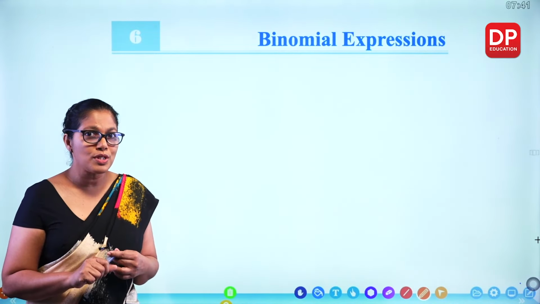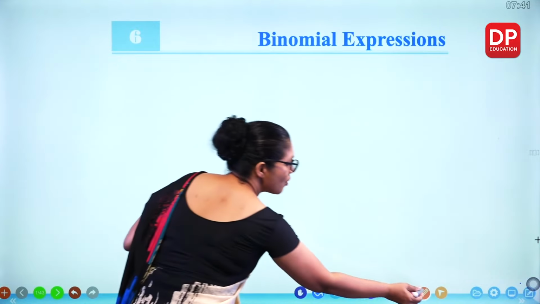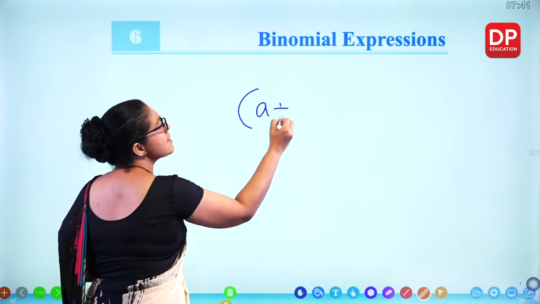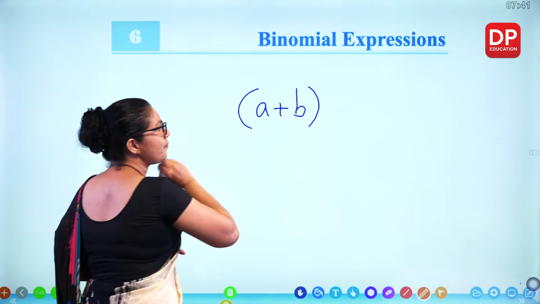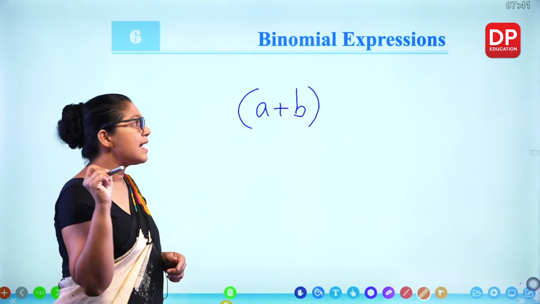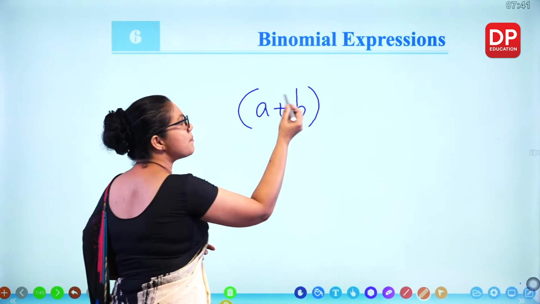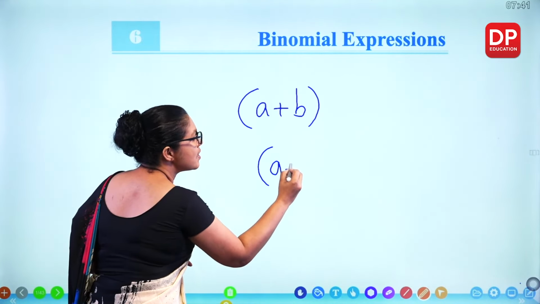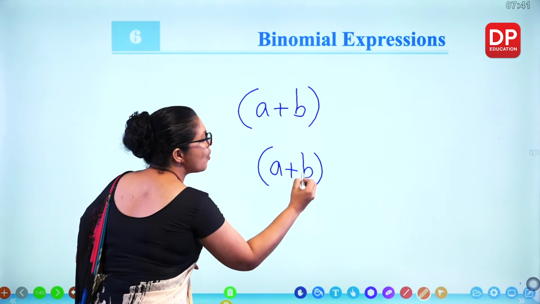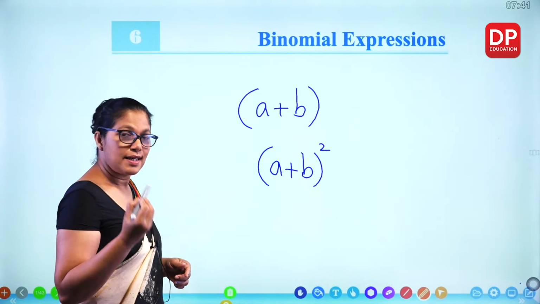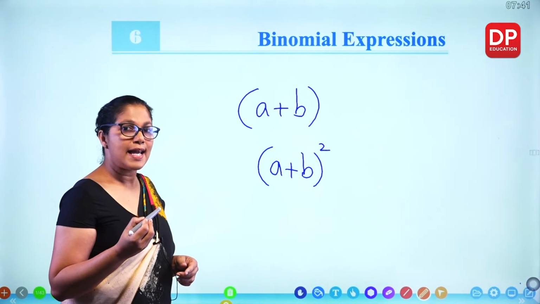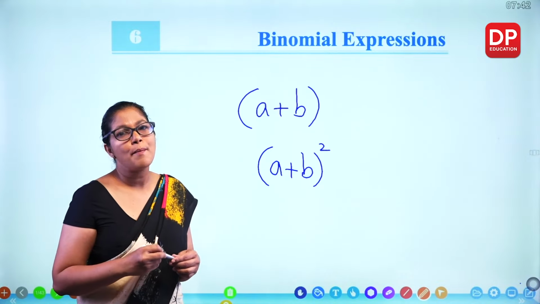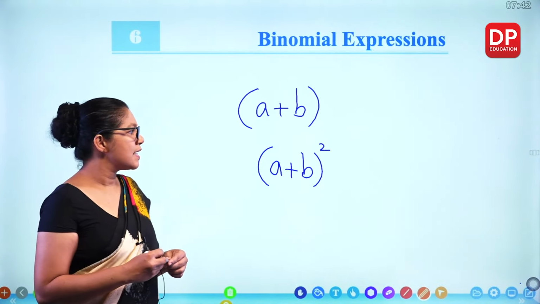When you get two terms, you call it binomial, something like this, A plus B. In 9 and 10, you discussed expanding brackets, and when you get power 2, how we can expand and simplify expressions. So today we'll discuss more about binomial expressions.